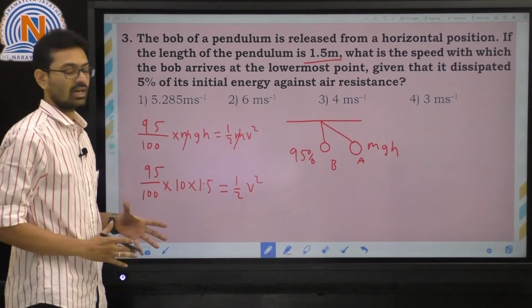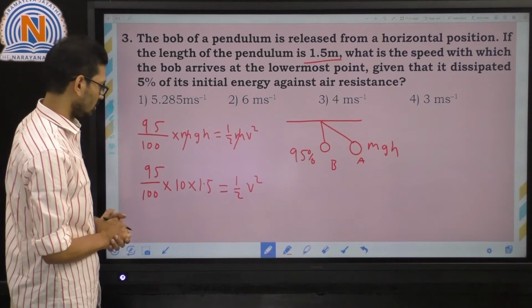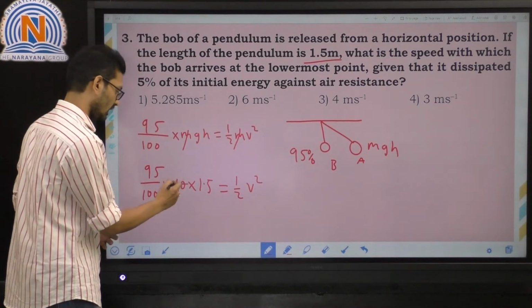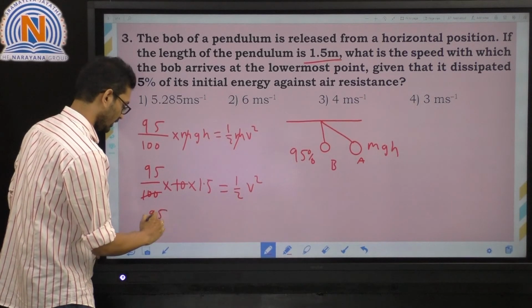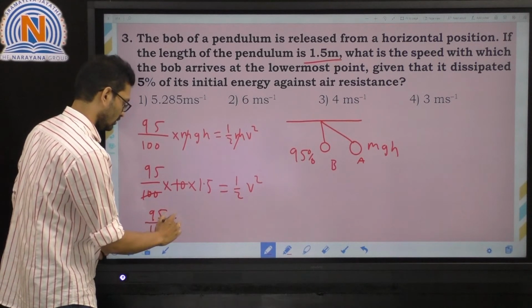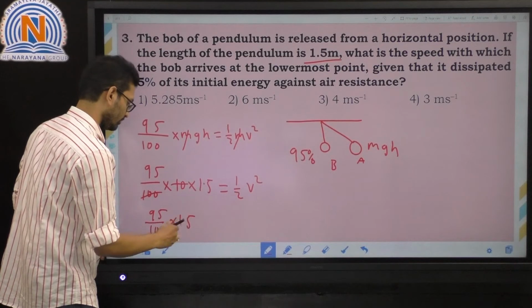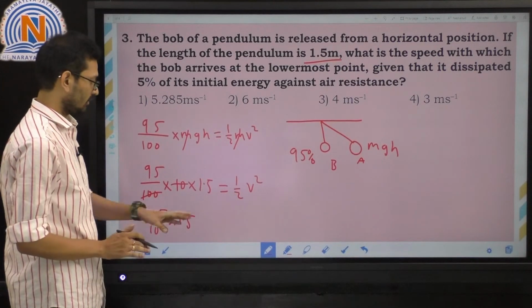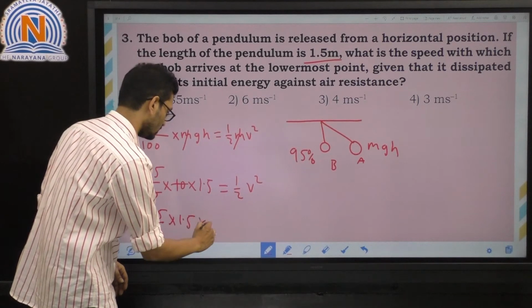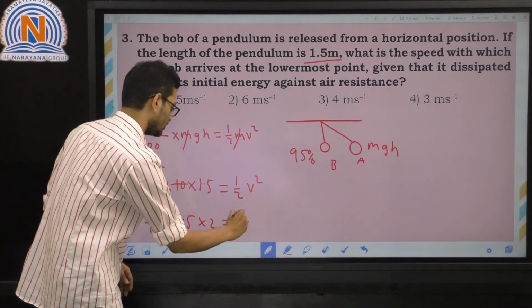Now if you cancel this, you will be having 95 by 10 into 1.5, and this 2 also comes to this side, you will be having v square.